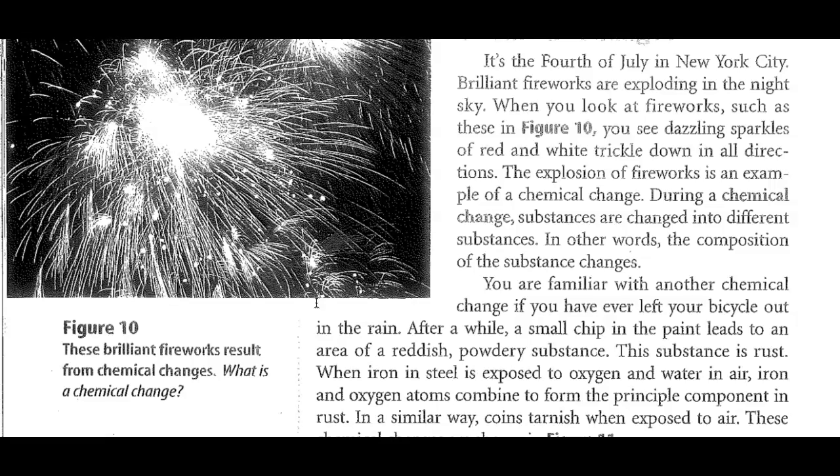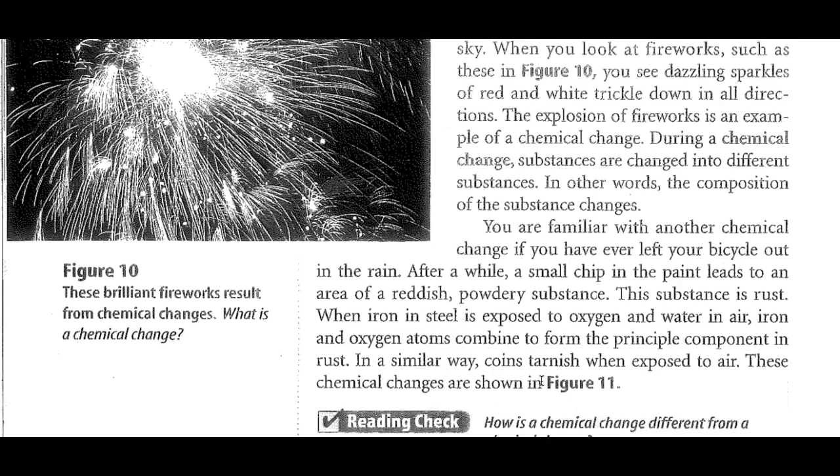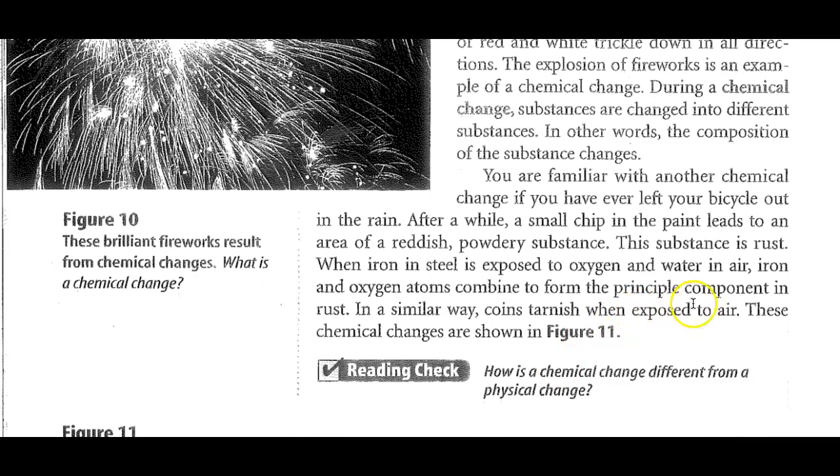You are familiar with another chemical change. If you've ever left your bicycle out in the rain, after a while a small chip in the paint leads to an area of reddish, powdery substance. This substance is rust. When iron and steel are exposed to oxygen and water and air, iron and oxygen atoms combine to form the principal component in rust.